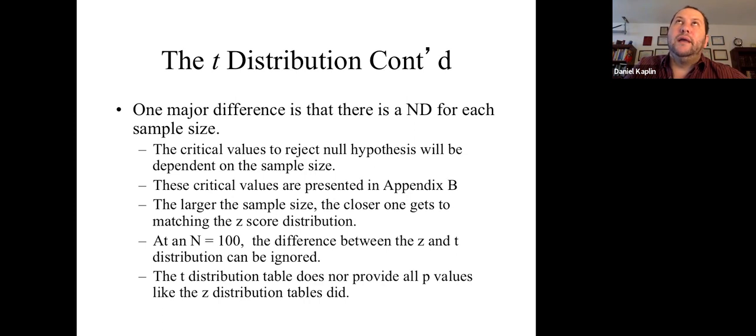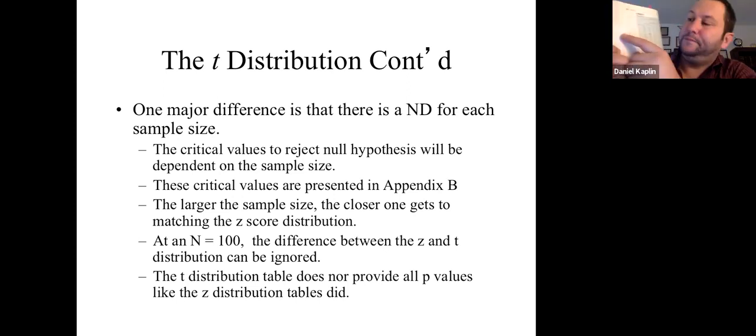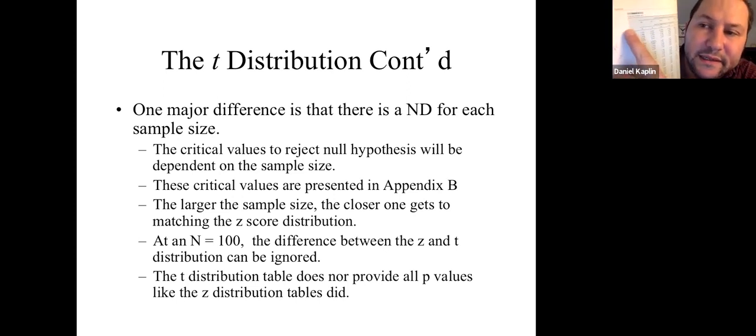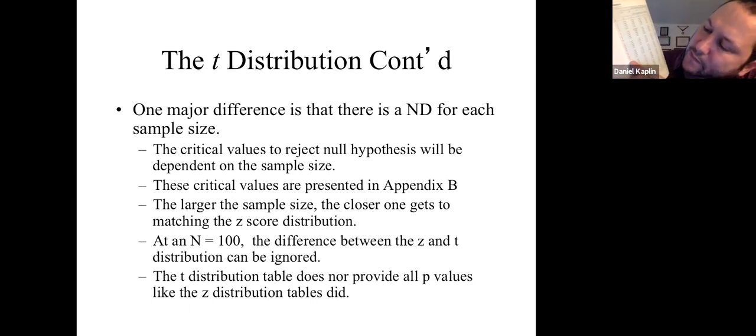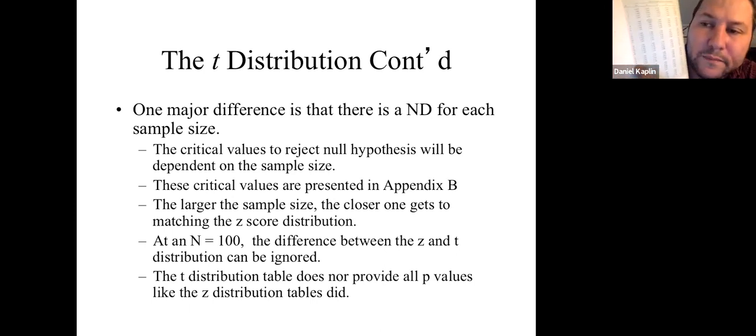So if we had 25 participants, or students, in that previous study, we would say n is 25 minus 1, which is our degrees of freedom, would be 24. And then we would go down the column, I don't know if you can see, until we find the number 24, right?